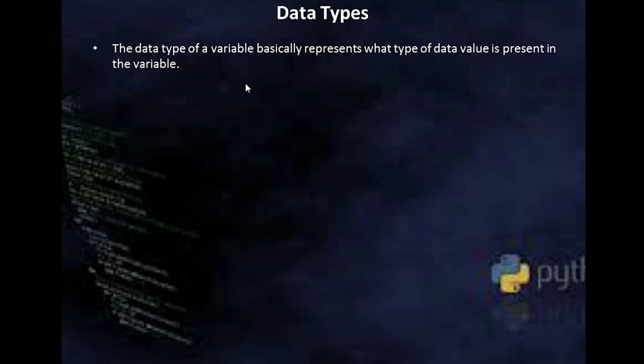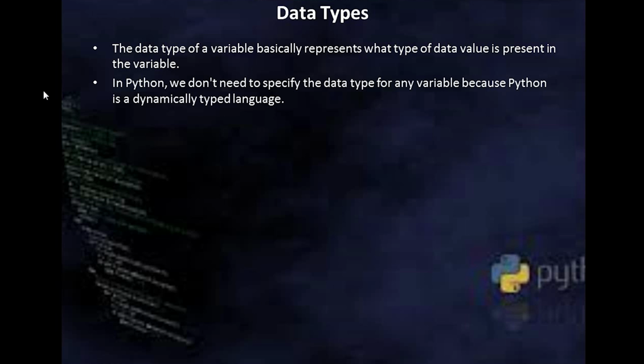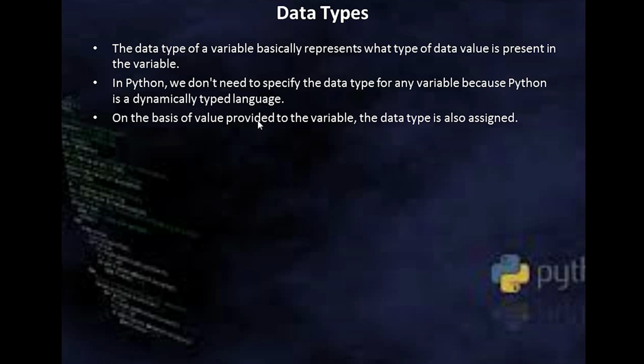And after some time, if you assign to the same variable a string, the data type of the variable is changed. In Python, we don't need to specify the data type of any variable because Python is a dynamically typed language. On the basis of the value stored in the variable, that will become its data type.